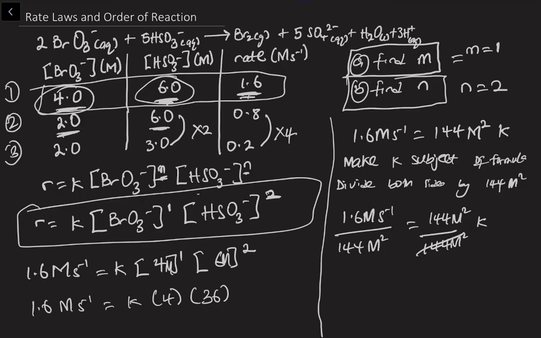K. This cancels this. K is equals to 1.6 over 144. 1 molar cancels 1 molar, so you're left with 1 molar here.